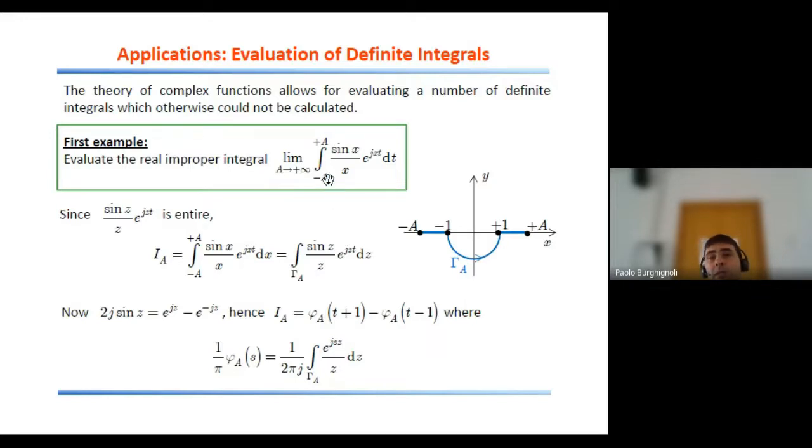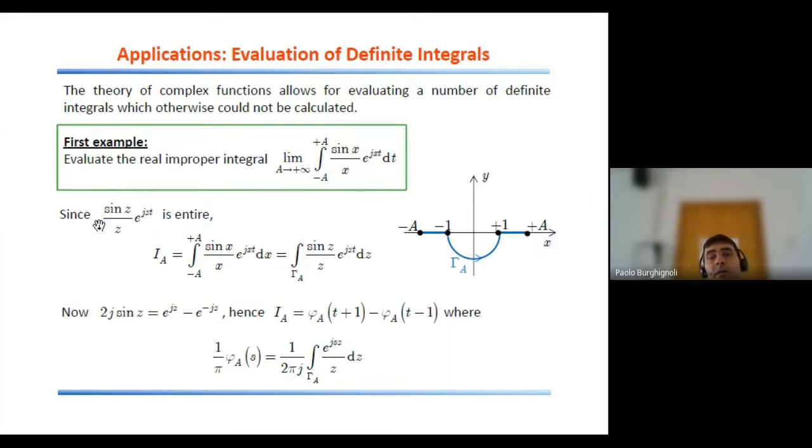And therefore, this integral, which is an ordinary integral if the integration limits are finite, becomes instead an improper integral, because the integrand is not integrable in the neighborhood of infinity. However, this limit exists, so this exists as an improper integral of the Cauchy type. Now, the key observation is that the integrand can be considered as a function of a complex variable just by replacing the real variable x with a complex variable z.